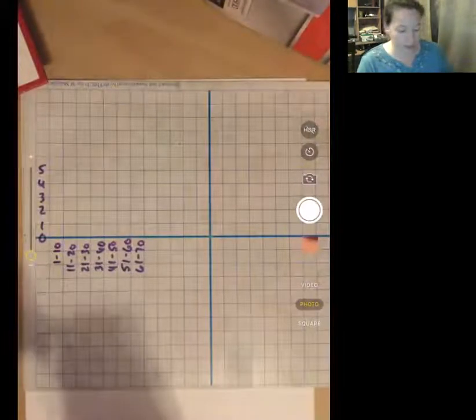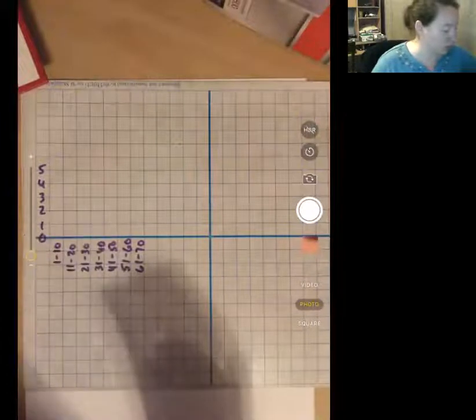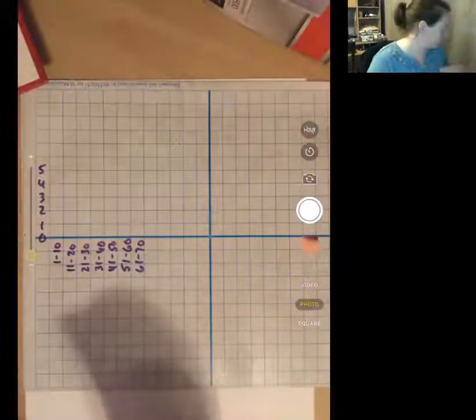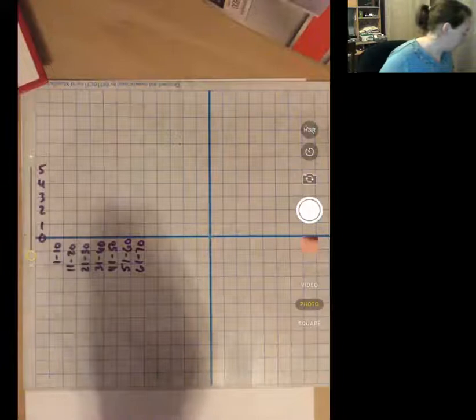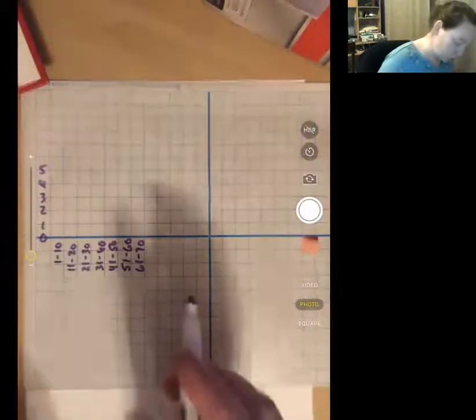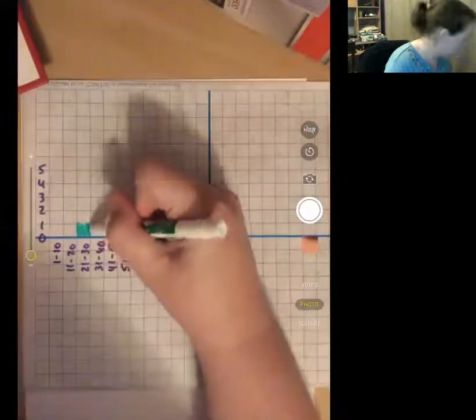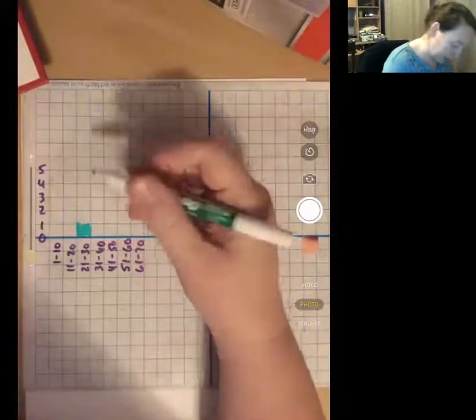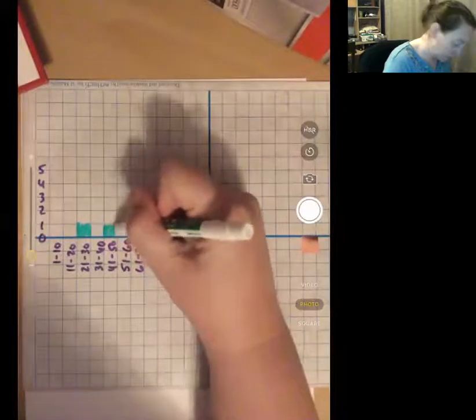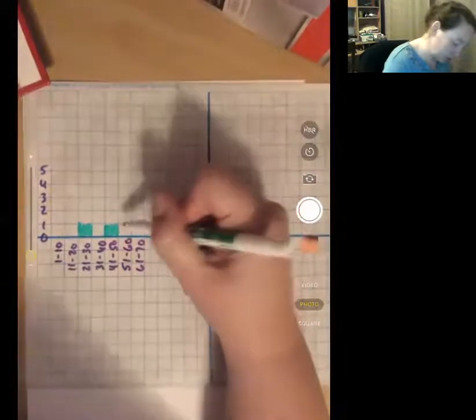Now let's look at the information that they gave us to put on this graph. First number is 23. Second number is 45. Third number is 62.